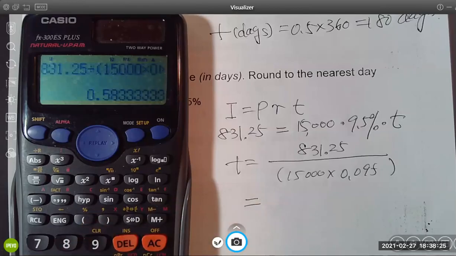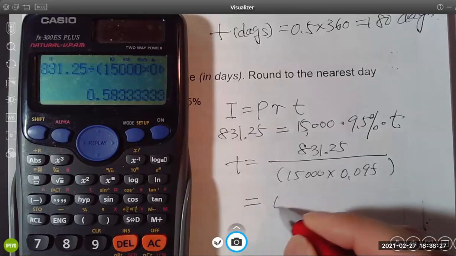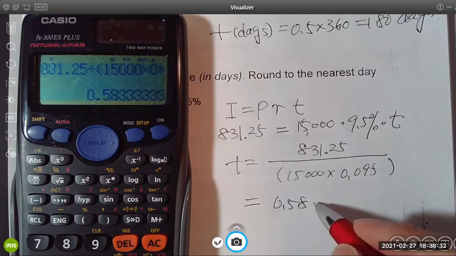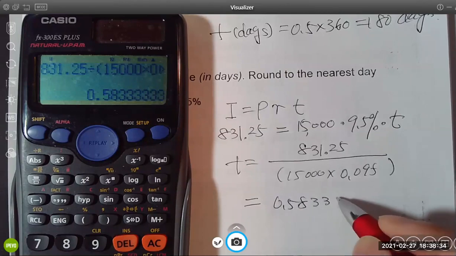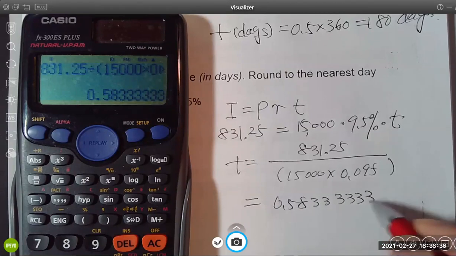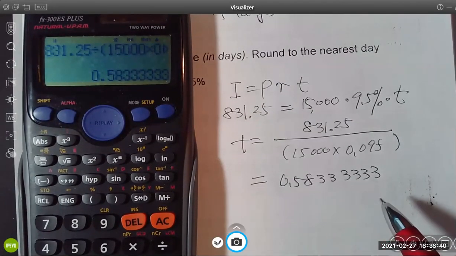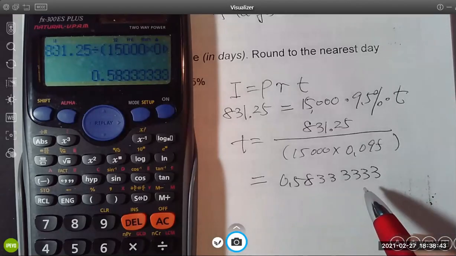Yep. So I'm going to write down this number: 0.58. Totally, let's write 8. 1, 2. The rest are 3s, so 6 3s. This many years. And then we use this many years times 360 to see what we get.